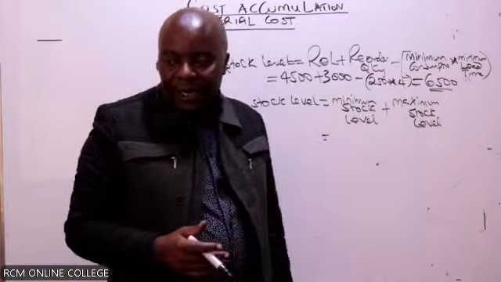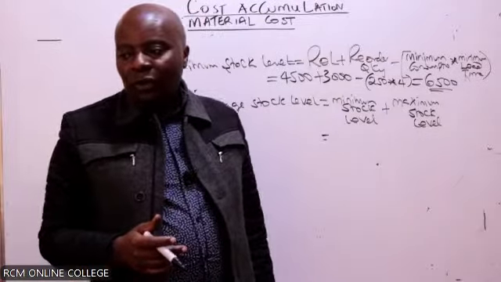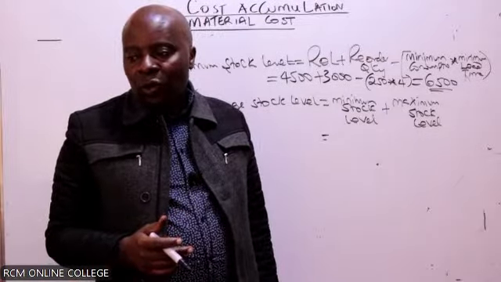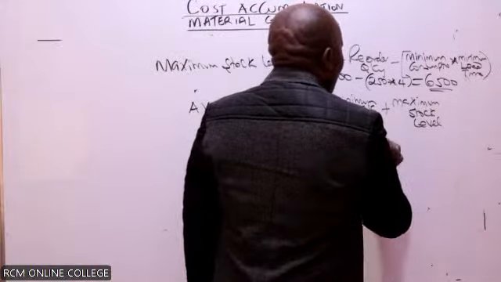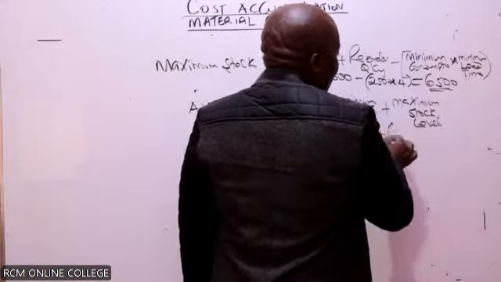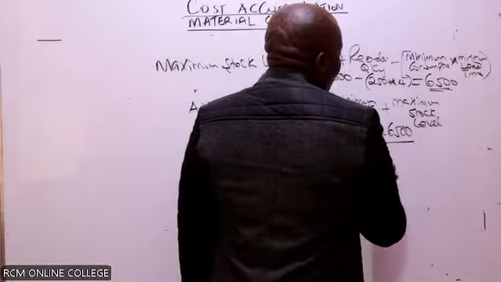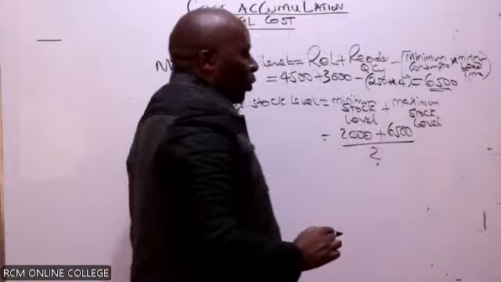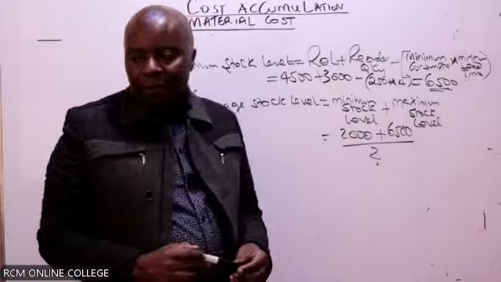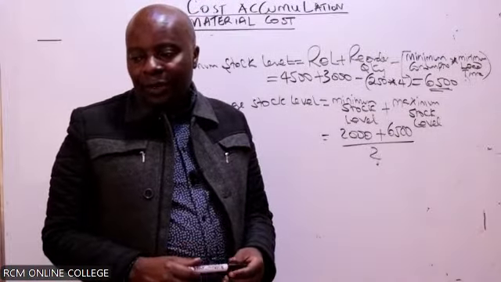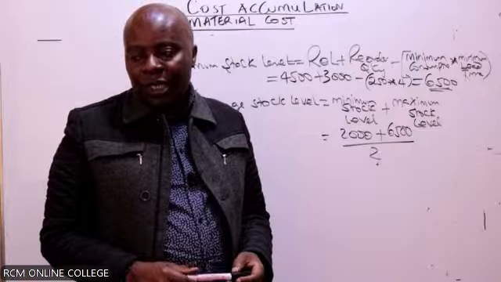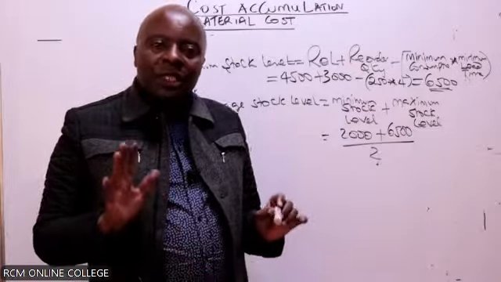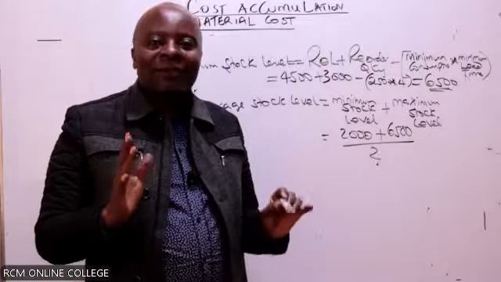Minimum stock level was 2,000. How about maximum stock level? It's here, 6,500. We divide by 2. So then this one here will end up giving me what figure? 4,250. Thank you so much. You see, this subject, ladies and gentlemen, flows in very well.